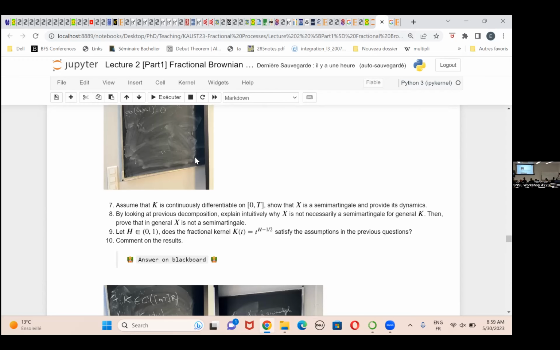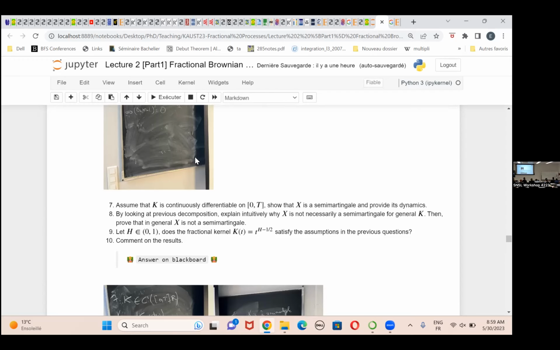If H is greater than 1/2, what do you have? You have now a process that has zero quadratic variation, but infinite first order variation. This cannot hold for a semimartingale, at least a continuous semimartingale.